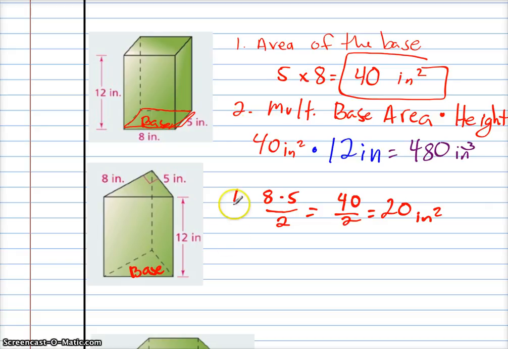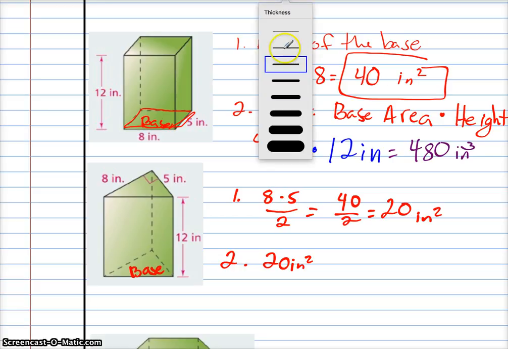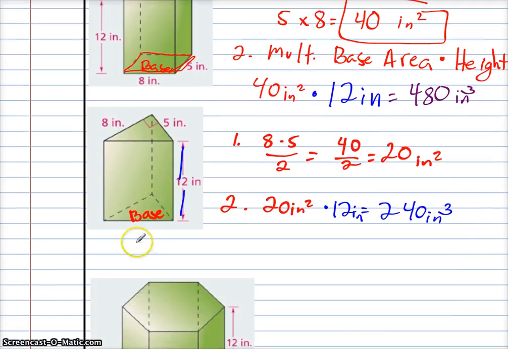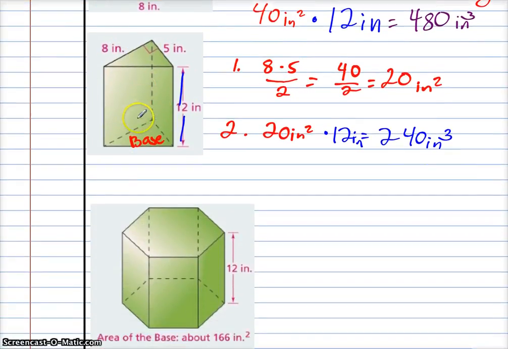Step 2, I'm going to multiply that, my 20 inches squared, by its height, which is 12. So times 12 inches gives me 240 inches cubed. That's how many cubes will fit inside this box, this triangular prism.